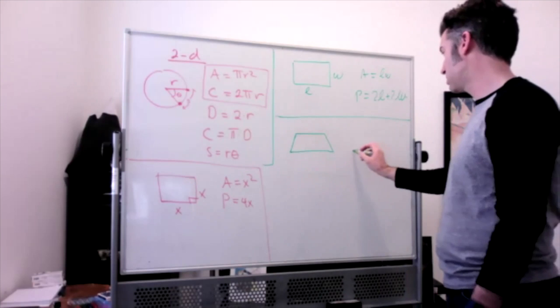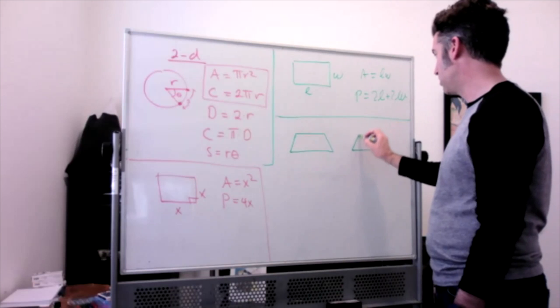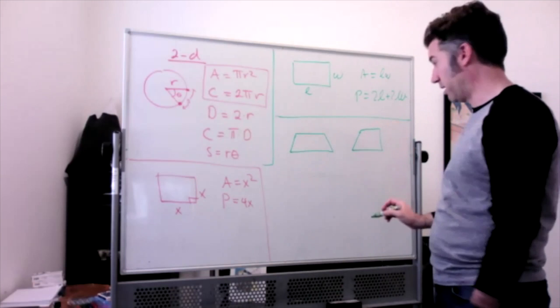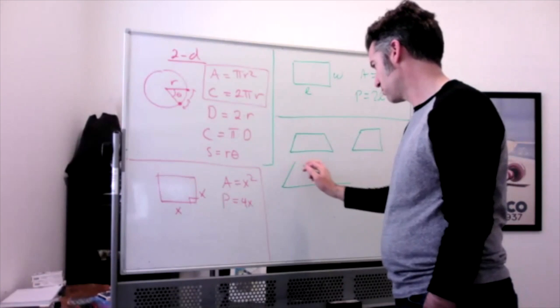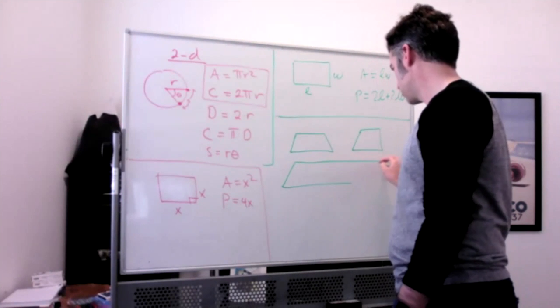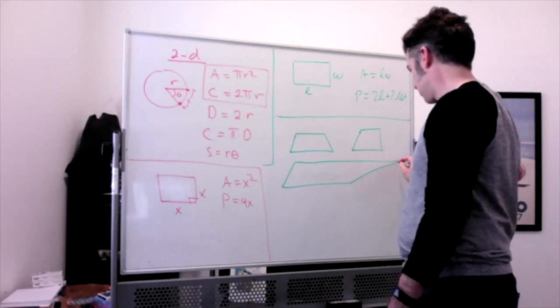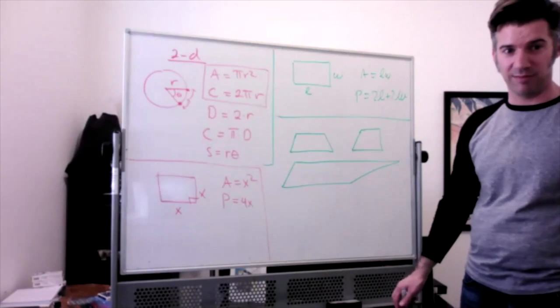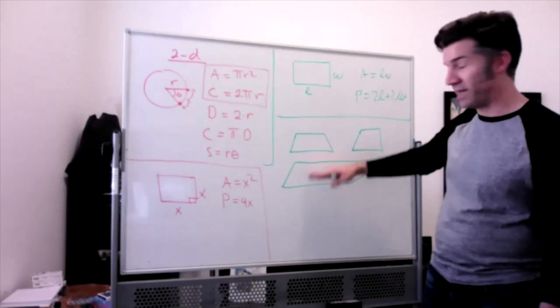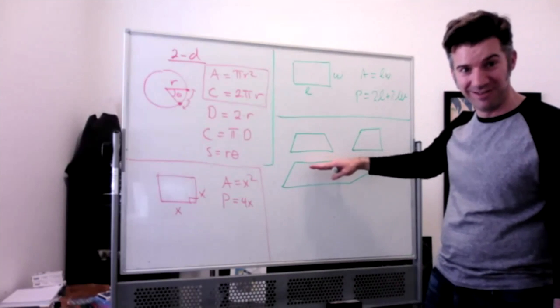So it can be this. It can be something more like this. It can even be something wonky like this. Those are all trapezoids, where we're pretending these lines are parallel.